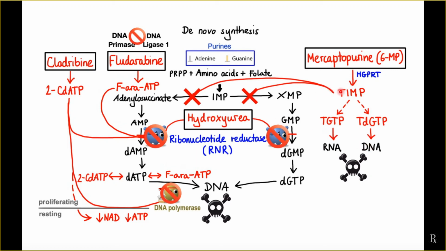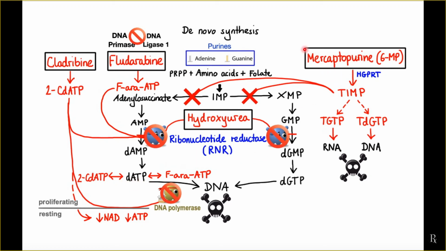Also, this TIMP will block the reactions of the IMP because it will be used instead of the IMP, and that way will reduce production of the dGTP and the deoxy ATP.